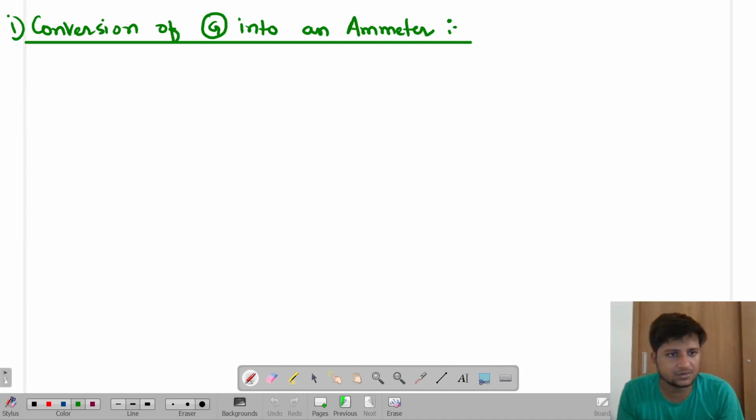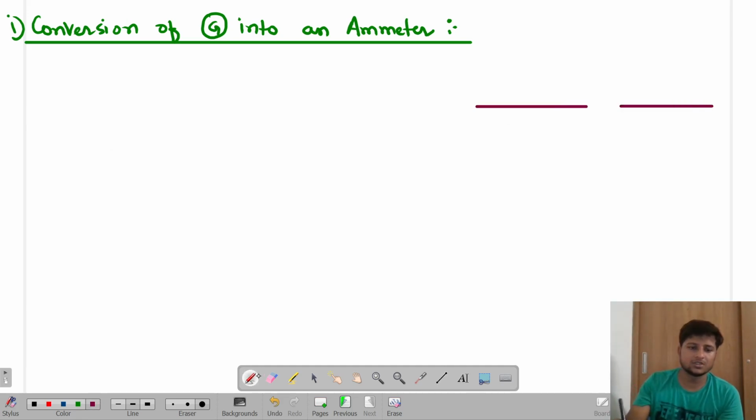The first task is the conversion of galvanometer into what? Ammeter. Can you tell me how to convert it? Any idea? Let's suppose there is a circuit given to you. Let's suppose this is a galvanometer. How will you convert it into an ammeter?